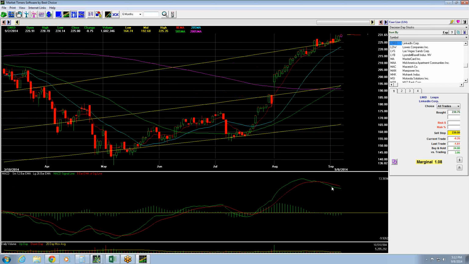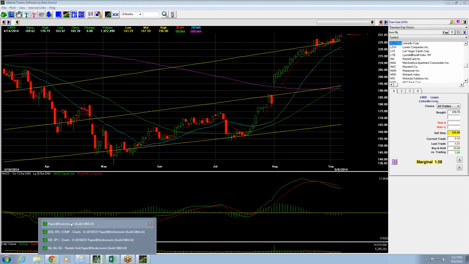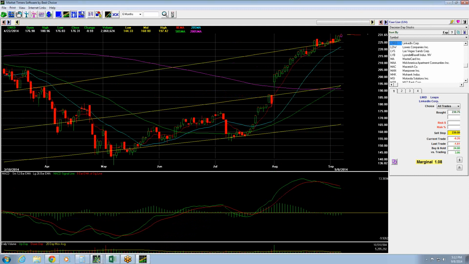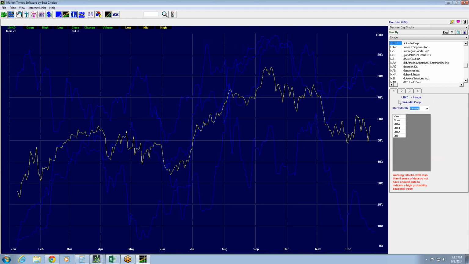Not to say I haven't seen this happen, and then it just meanders up as the stock continues to go up. And from a seasonal perspective, the other thing I would be looking at is this part here is a short.